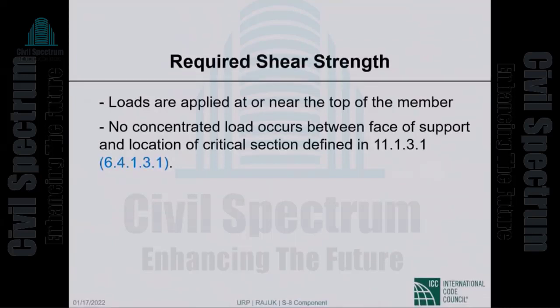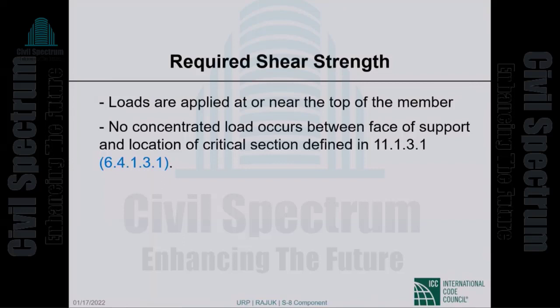Loads are applied at or near the top of the member. This is important. If you have a beam with ledges, like precast spandrel beams, and you apply the loading on the ledge rather than on the top of the beam, then you do not satisfy this condition.